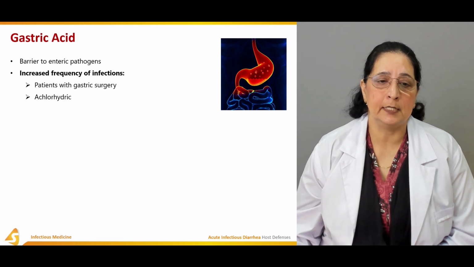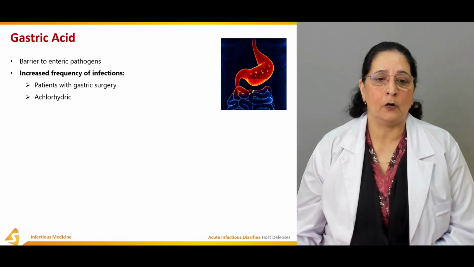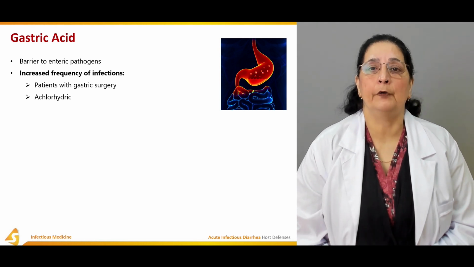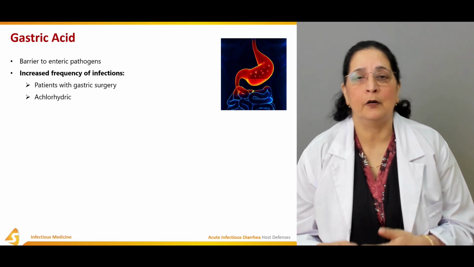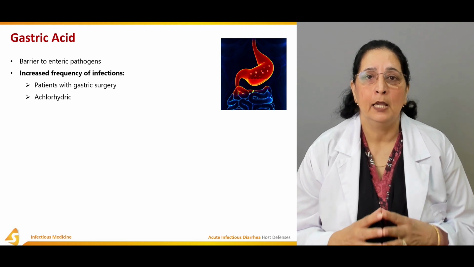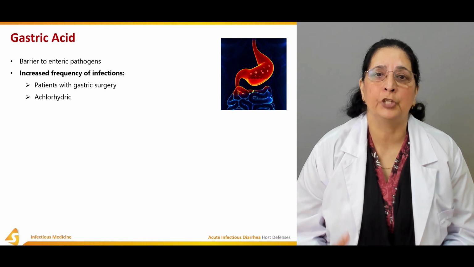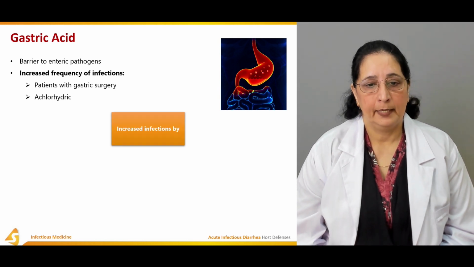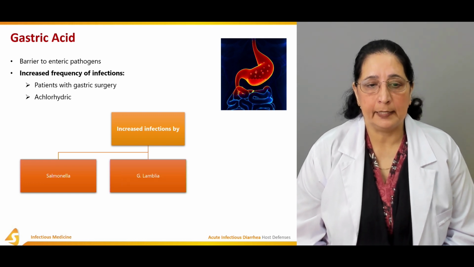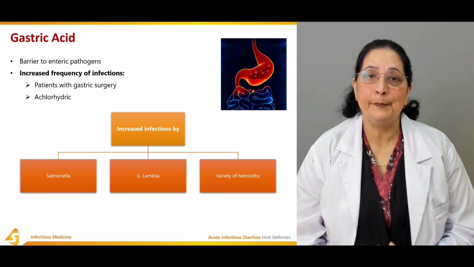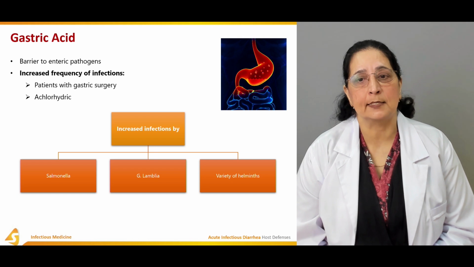If the person is achlorhydric, meaning no acid, or if they have had gastric surgery that leads to achlorhydria or decreased acid, that can be a leading cause for the development of infection by pathogenic microorganisms. Increased infections by Salmonella, Giardia lamblia, and a variety of helminths occur if there is a decrease in gastric acid production.